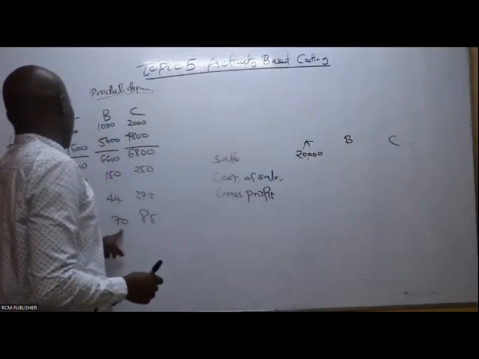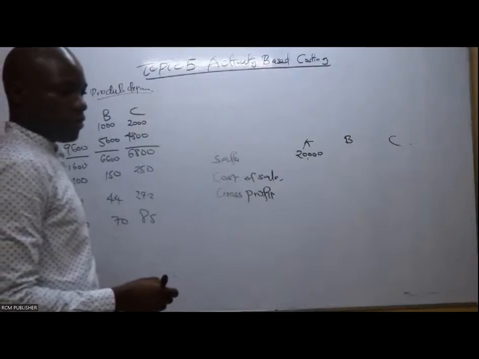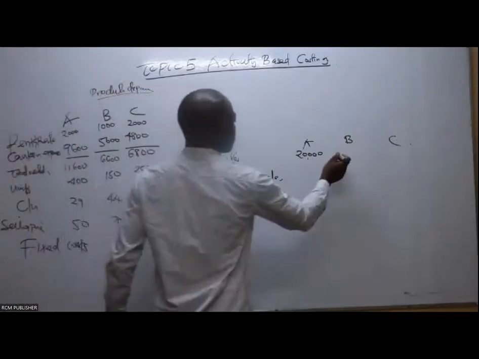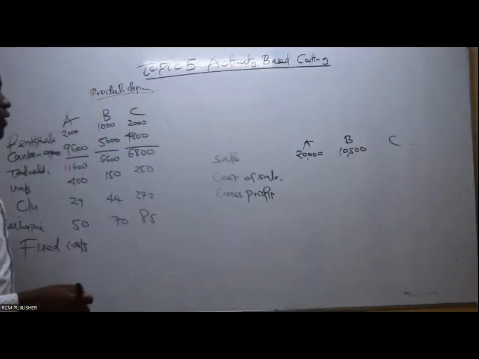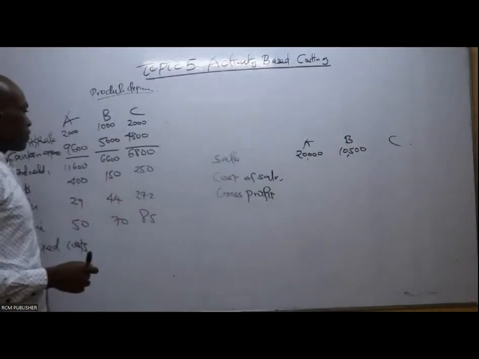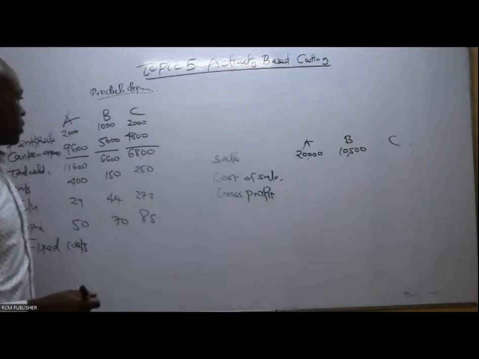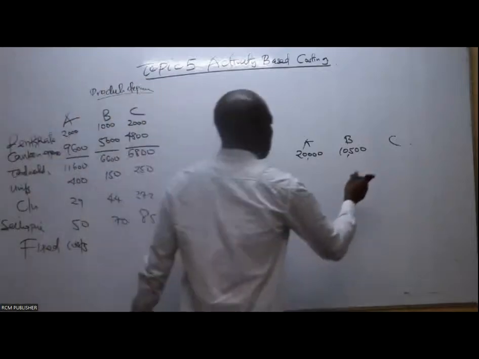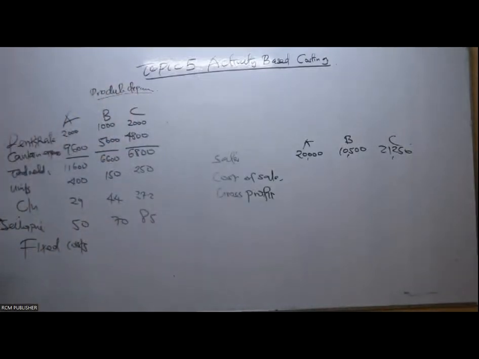Great. 150 by 70 will give us 10,500. And then 250 by 85 gives 21,250.